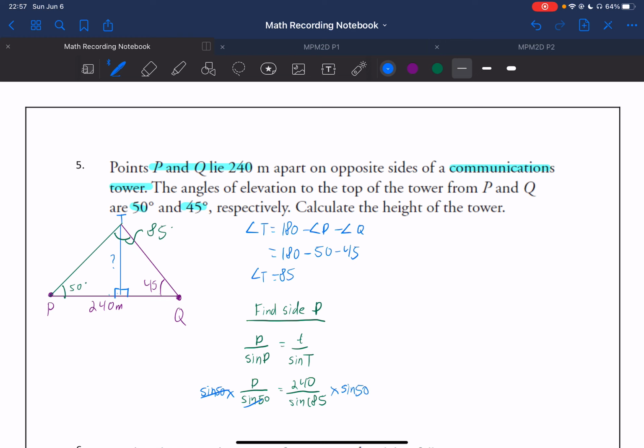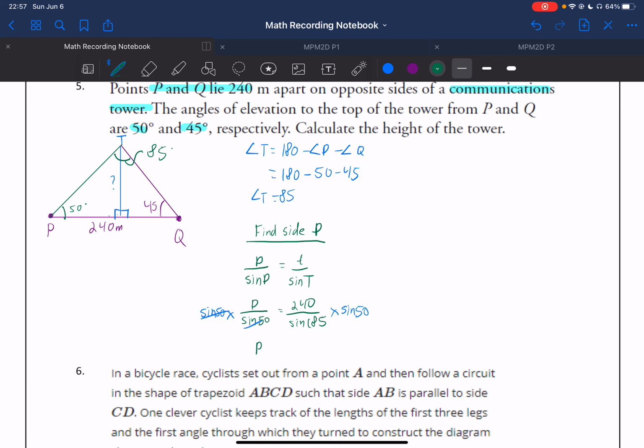These cancel each other out, and we're left with P equals sine 50 times 240 all over sine 85. If you put that in your calculator, you're going to get a P of 184.55. I'm keeping 2 decimal places because I want to keep it somewhat accurate.